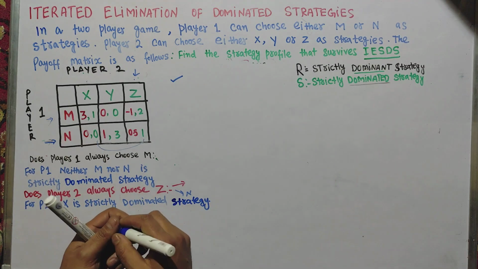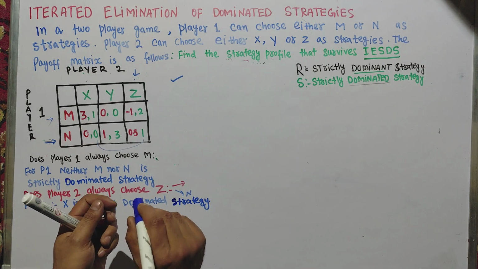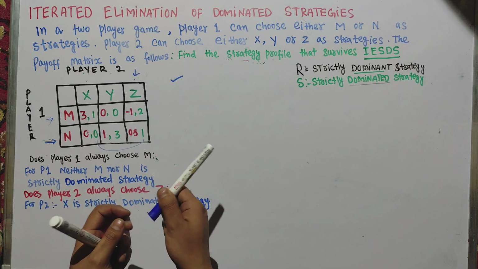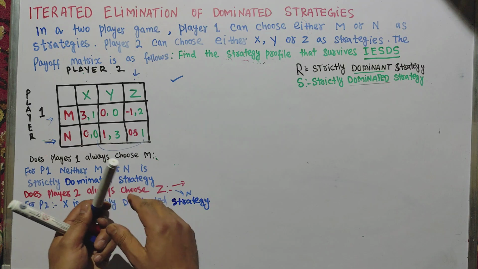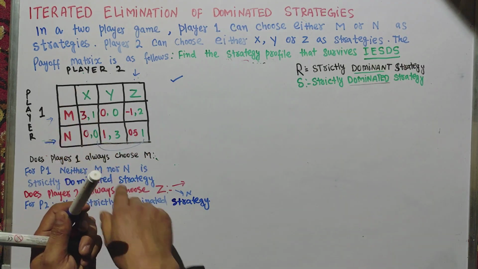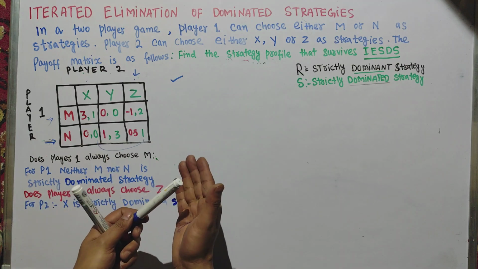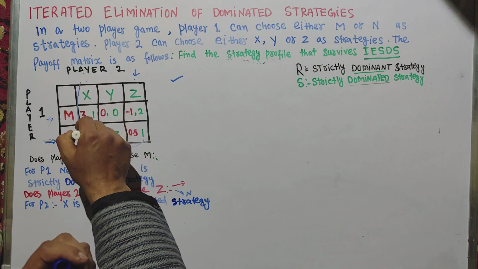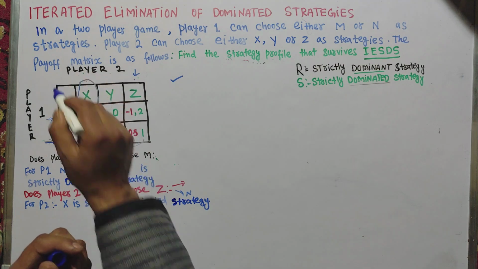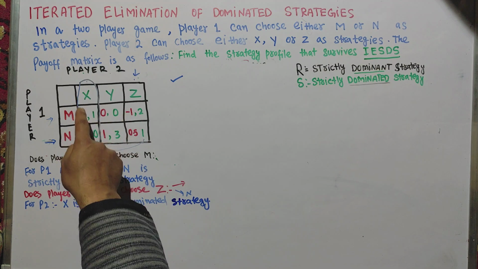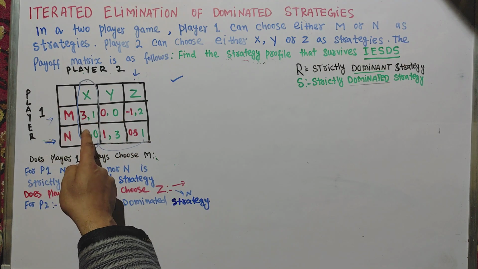Now here if player 1 knows that player 2 is rational, then player 1 can eliminate X from the player 2 strategy space. That means we can remove this column, because as we have seen, X is a strictly dominated strategy.